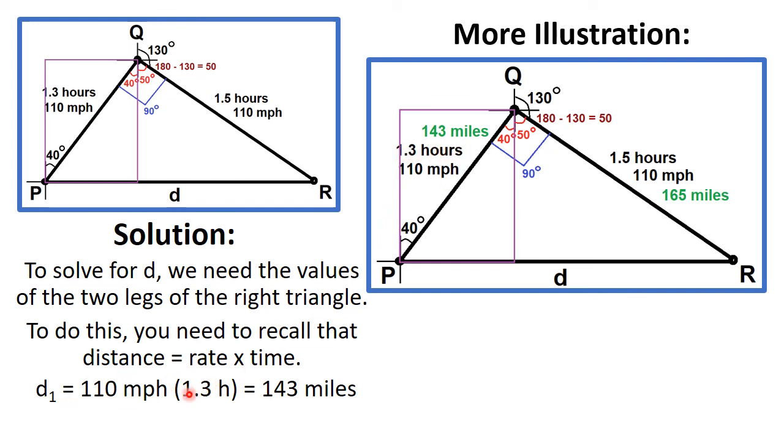If you multiply this, the product is 143 miles. So the distance PQ is 143 miles. Now for this distance, 110 miles per hour, the rate, times the time, 1.5 hours, the product is 165 miles. Therefore, the distance of QR is 165 miles.